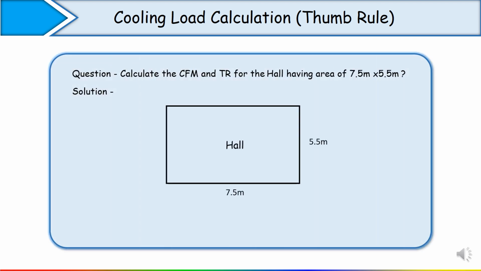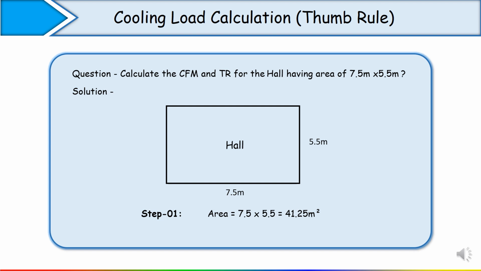See, in the next question, here also we need to calculate the supply air CFM value and TR for the hall having area 7.5 meter into 5.5 meter. As I told you, the first step is always to calculate the area in square meter.